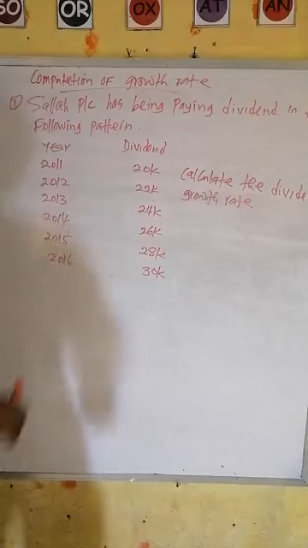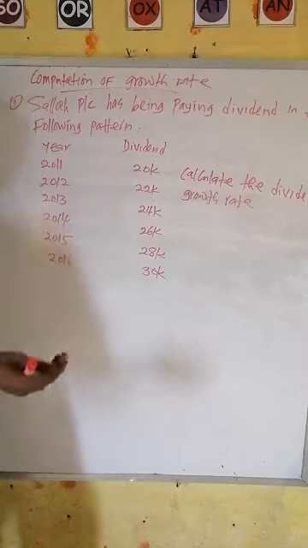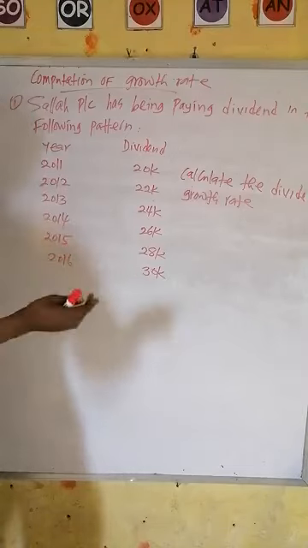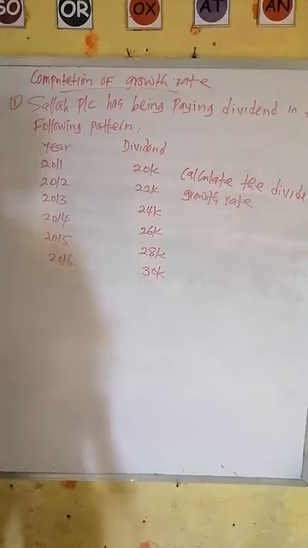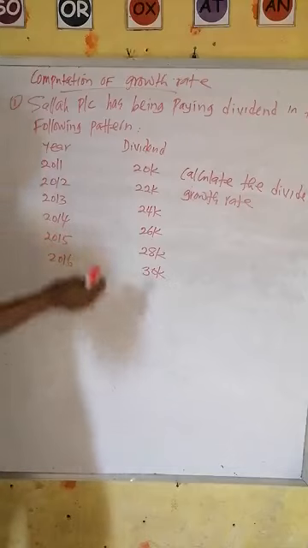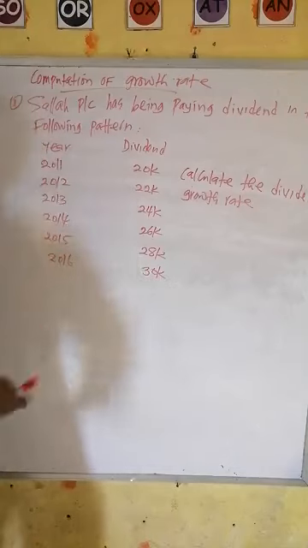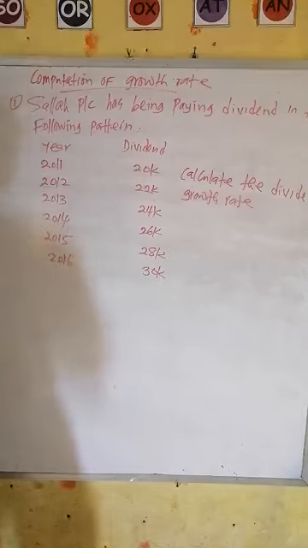You can see our previous videos on the explanation for computation of dividend growth. So now, which of the formulas are we going to use to compute the growth rate here?